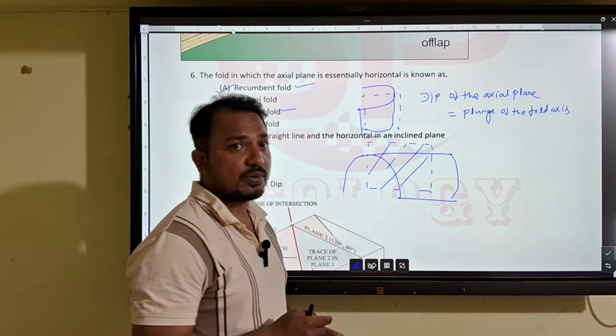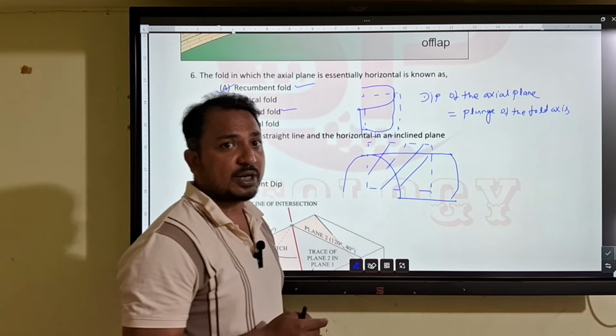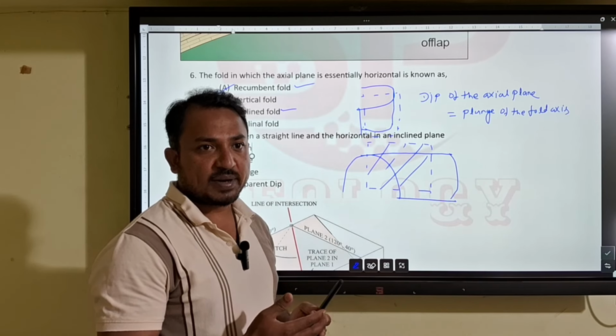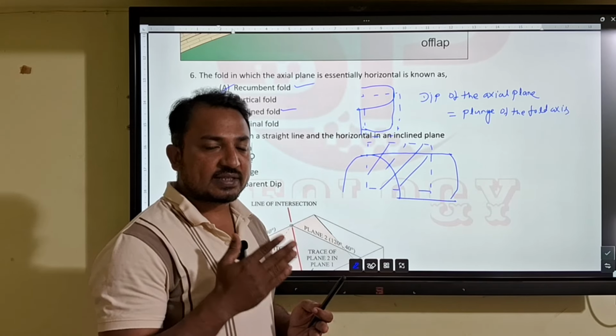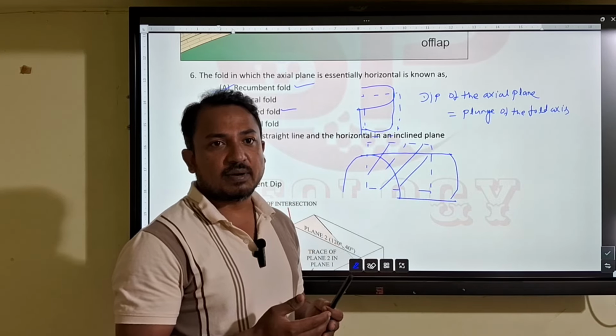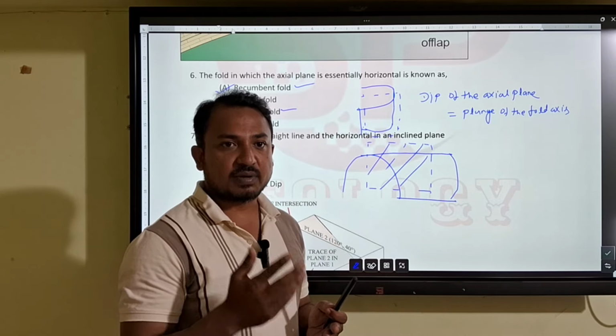That we have studied in dip and plunge conditions, where if any line on a bed has the same amount of plunge as the dip, then remember the dip direction of the bed and the plunge direction of the line are perpendicular to each other. So in reclined fold, dip of the axial plane equals plunge of the fold axis, where the axial plane is inclined and the fold axis is inclined.